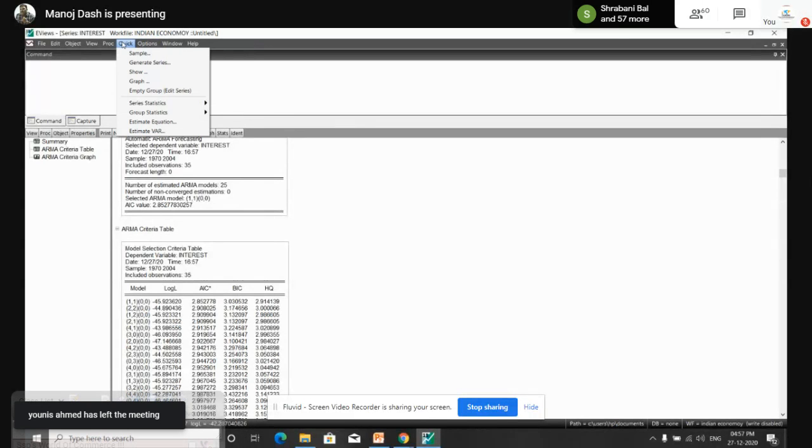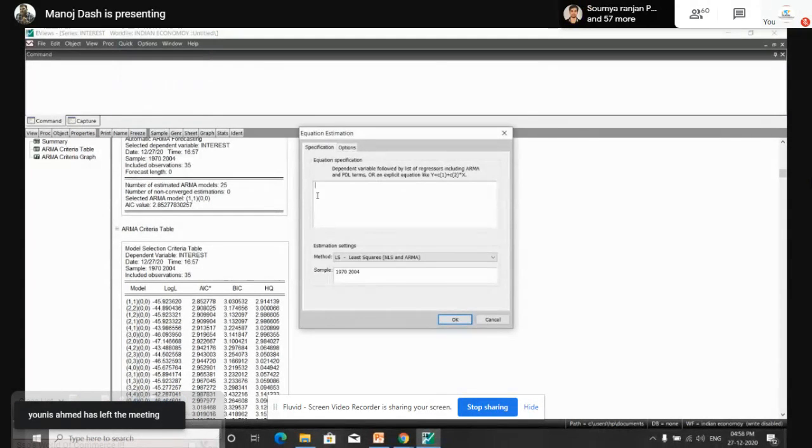Go to Quick, Estimate Equation. What is the conclusion? Interest, I want to forecast interest. C, see the constant. But how many autoregressive components are there? One. Yes. Clear?